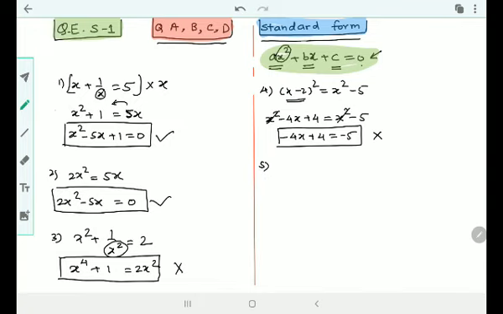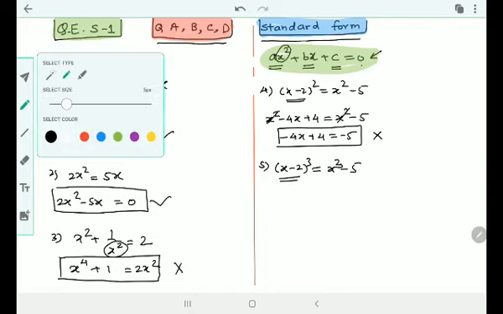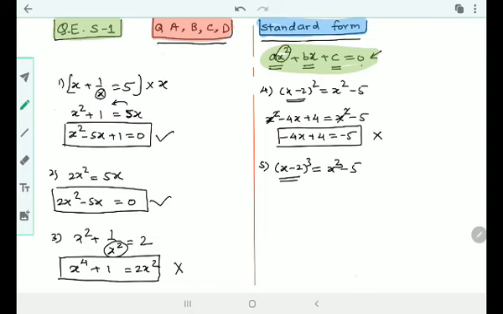Let's try the fifth one. Fifth one is x minus 2 the whole cube is equal to x cube minus 5. It's similar to the previous one, only we have a cube this time. I know you all have got this identity, a minus b the whole cube. I'll write it here if you want. a minus b the whole cube is a cube minus 3a square b plus 3ab square minus b cube.